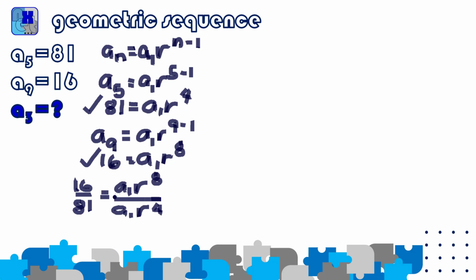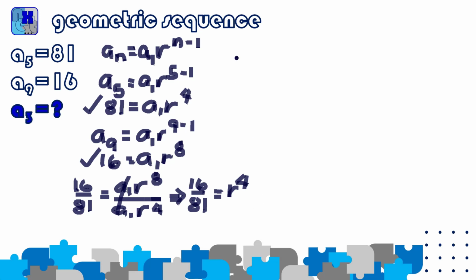If we continue, we could cancel this, leaving an equation which is 16 over 81 is equal to, and we apply here the laws of exponents, specifically the division law of exponent or the quotient rule, r to the power of 8 minus 4, which is 4. If we have this expression now, we can solve for r.